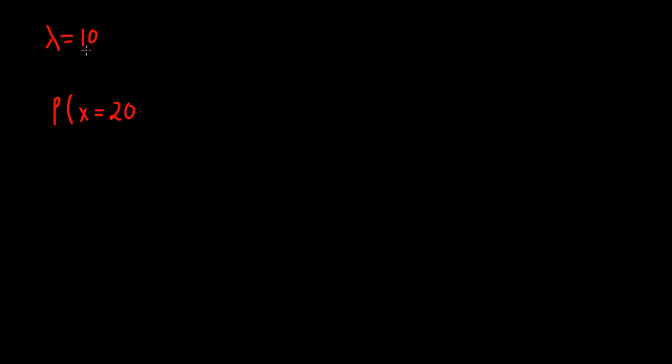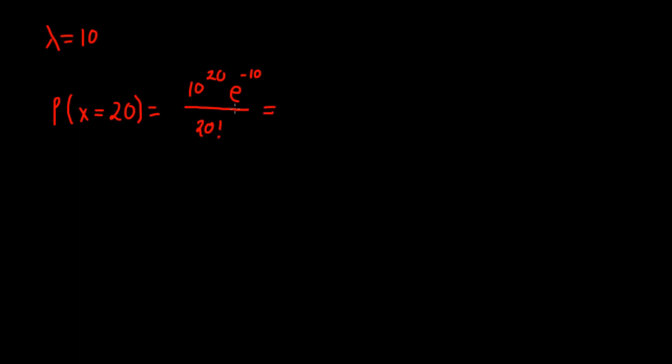So if we average 10 orders, we want to see the probability that we get twice that many in one given time frame. We say, what's the probability that x is equal to 20 given lambda is equal to 10. From our formulation, this is lambda to the x. Since lambda is 10, we have 10 to the 20th power multiplied by e to the negative 10th, divided by 20 factorial.